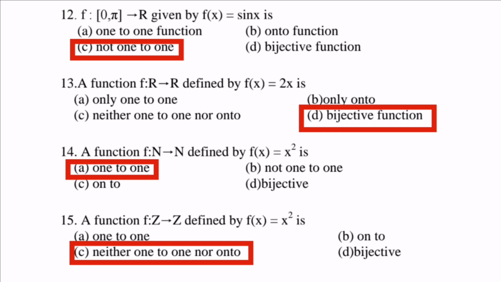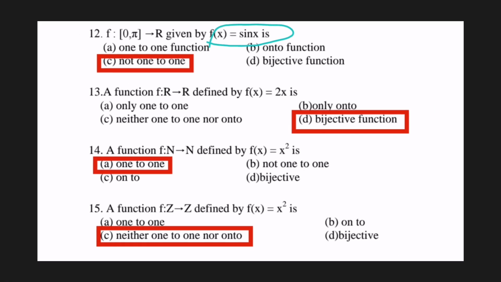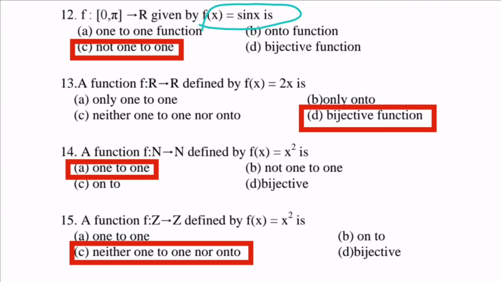MCQs 12. f is defined from the interval [0, pi] to the set of real numbers given that f of x is equal to sin x. Then in this case the graph must be like this.